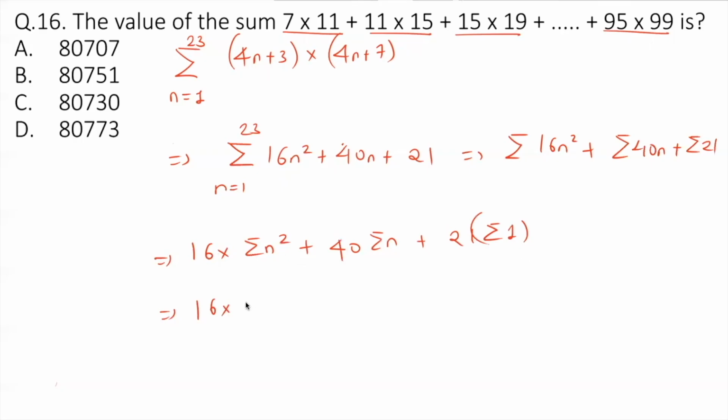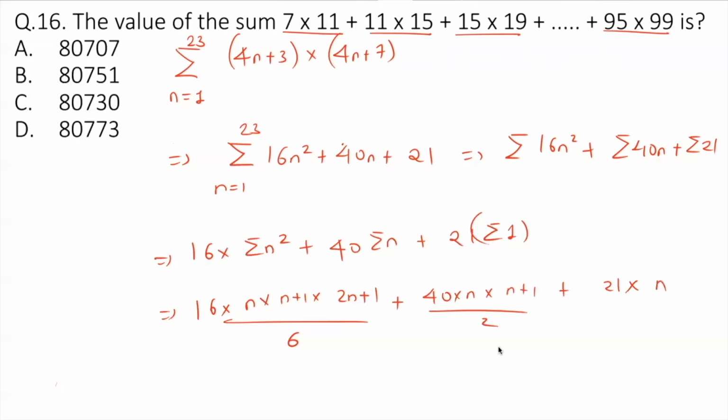And now we have the formula for all these expressions, right? Summation of n square is n into n plus 1 into 2n plus 1 divided by 6, plus the next term is 40 into summation of n, n into n plus 1 divided by 2, plus 21 times summation of 1 is nothing but n only. And in this now I put n is equal to 23.